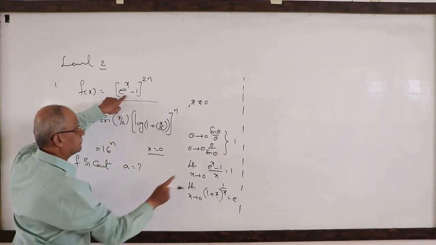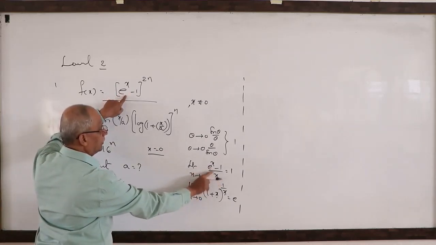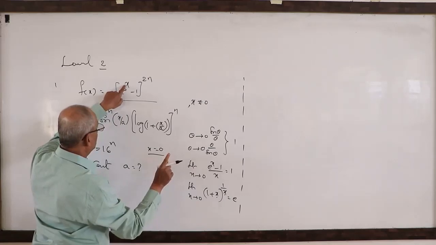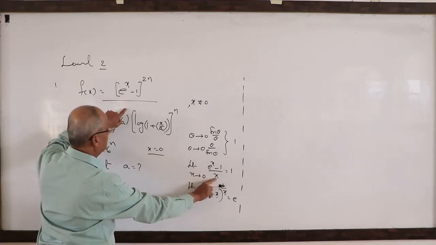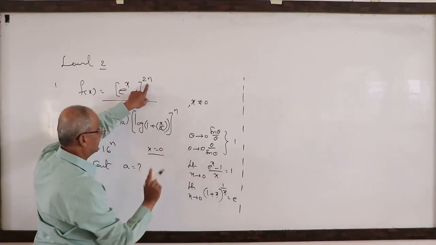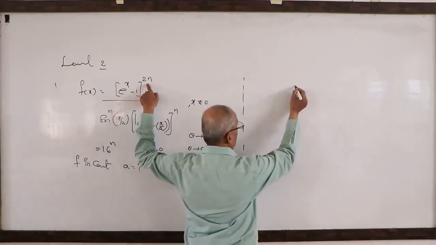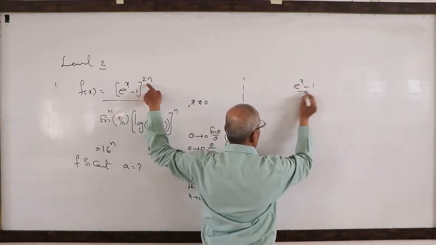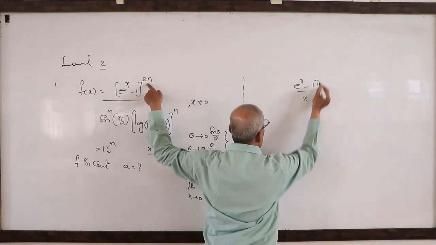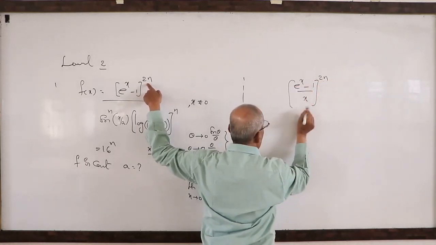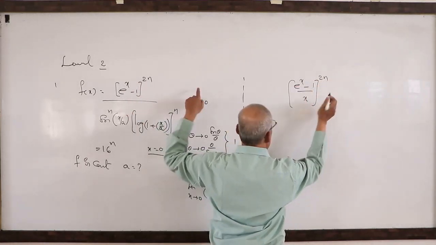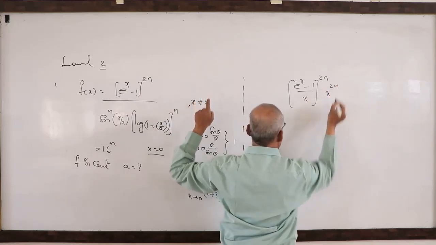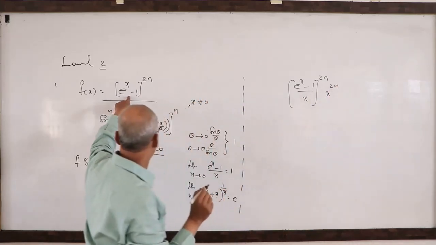See, this is from this. X is there, its denominator, this x is missing with this power. So first arrange numerator, e power x minus 1 by x whole power 2n. So what is extra we are writing? X power 2n. Multiply, divide.